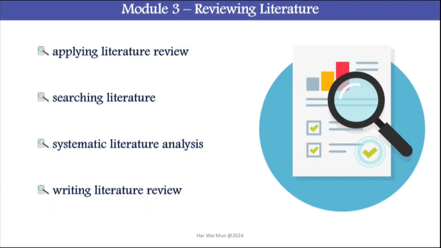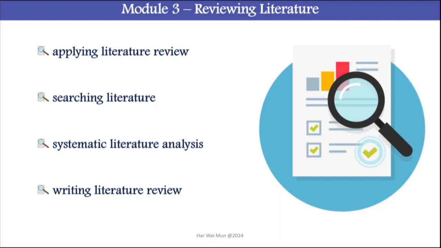Firstly, before we start, these are the 4 topics that we have covered under literature review: applying, searching, systematic literature review, and writing. Before we start, literature review is writing about something that has been done in the past. But it's not a summary and then cut and paste a few sentences from each one.